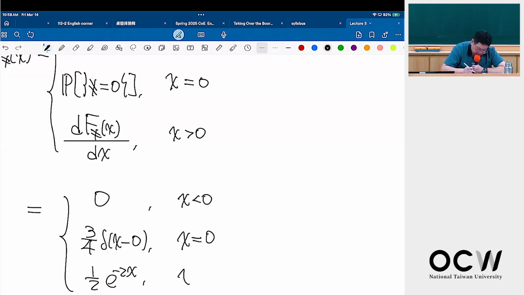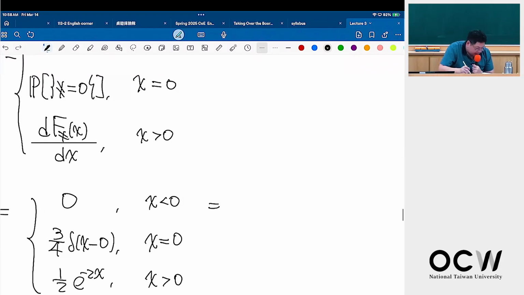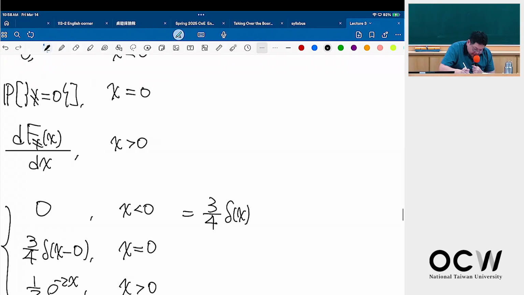When x is greater than 0, there will be 1/2 times e to the minus 2x. We can also write this in another expression. It's 3/4 delta function plus the unit step function, 1/2 times e to the minus 2x u of x.